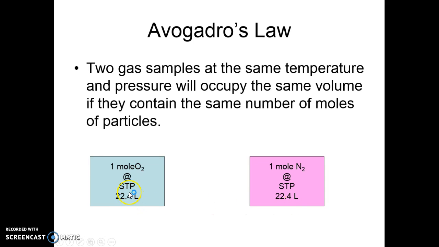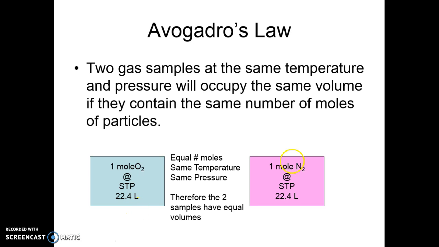And in this case, if those conditions of temperature and pressure are STP, 1 mole of a substance will occupy 22.4 liters. It doesn't matter what the substance is. As long as the substance is at STP, standard temperature and pressure, then 1 mole of that gas will occupy a volume of 22.4 liters.